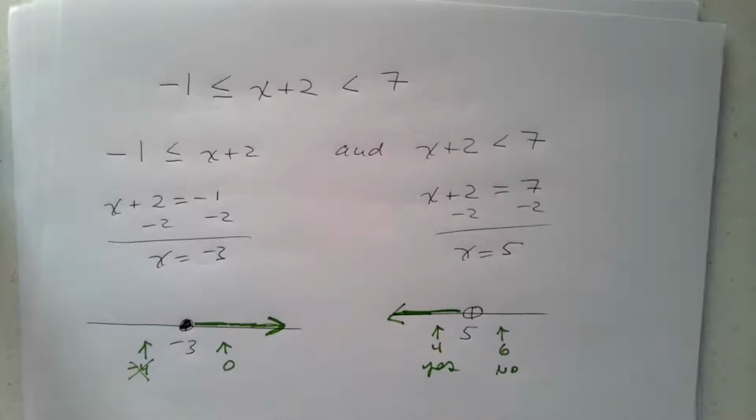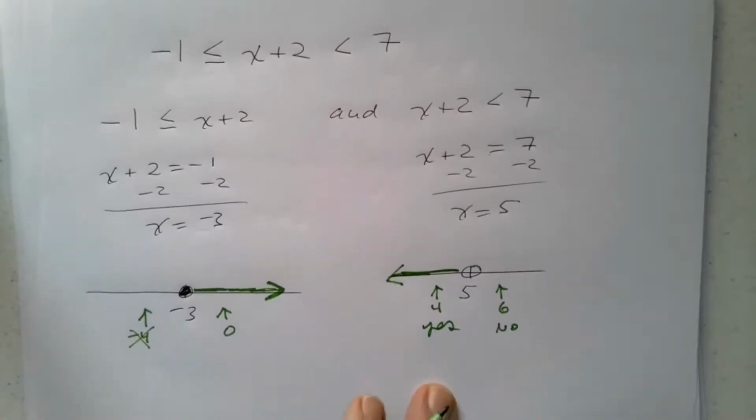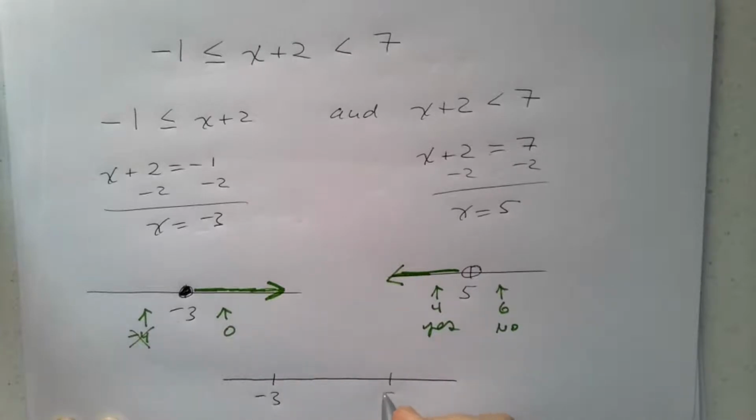But it's got to be an and. So I need to shade the part that is true for both simultaneously. So I lay out my number line like this. Here's negative 3. Here's 5. Remember, negative 3, we shaded this direction. 5, we shaded this direction.